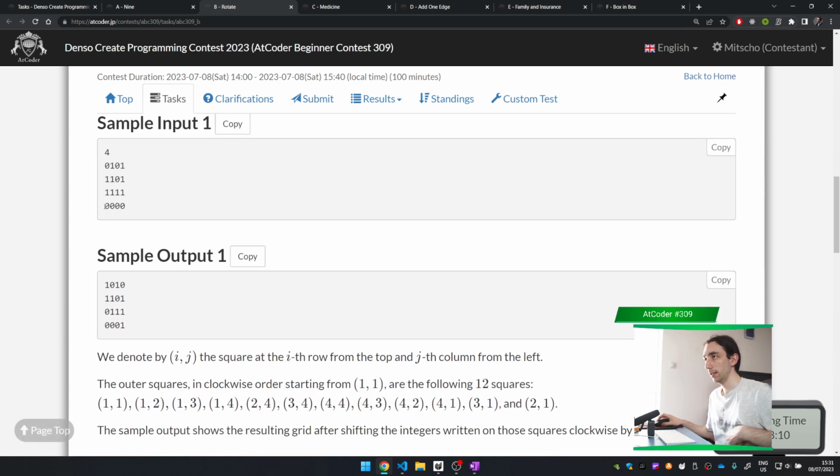So these two here became here, and then this guy went here and this guy went here, and so on. Like just taking this and just shifting these rows.